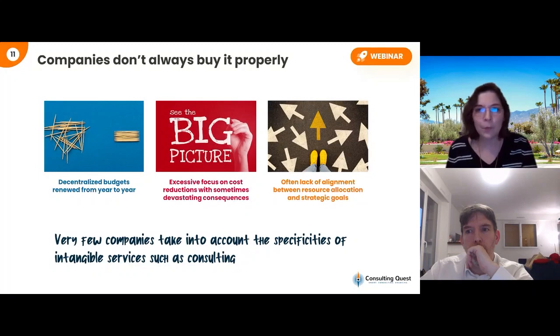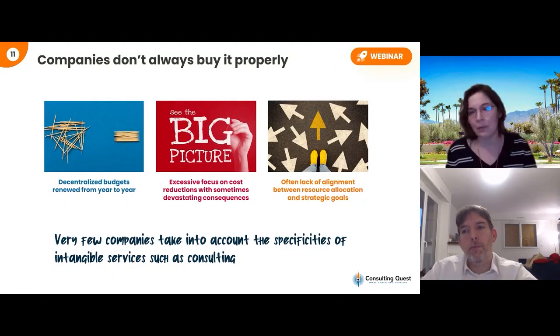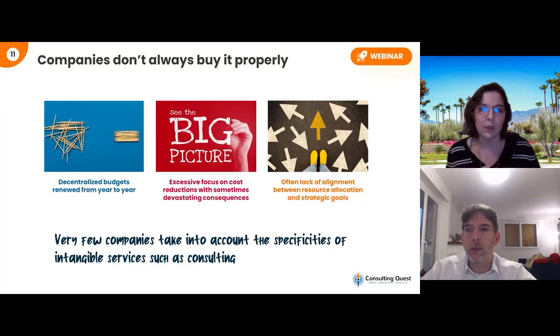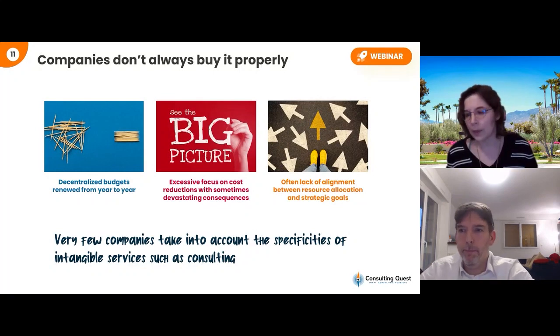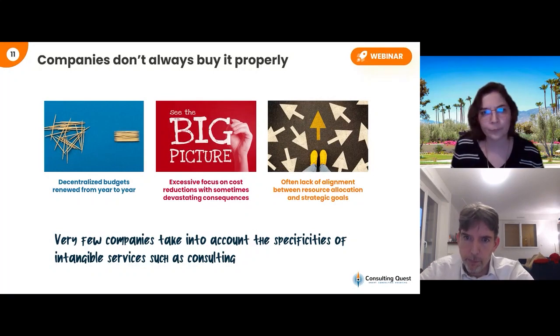And even if the procurement best practices apply indeed to that category, it still has to be done in a certain way to really get not only an impact on the cost, but also to keep the value and impact at the level you expect. So this is why the complexity is. There are a lot of moving pieces here, and you have to take everything into account in order to really capture the impact and the value that you're looking for.